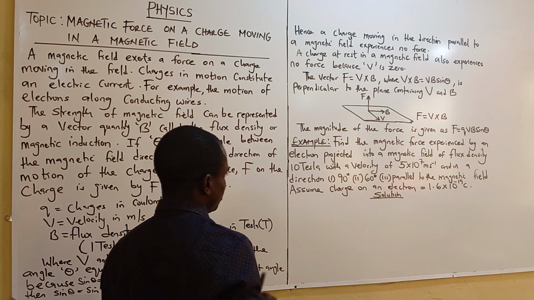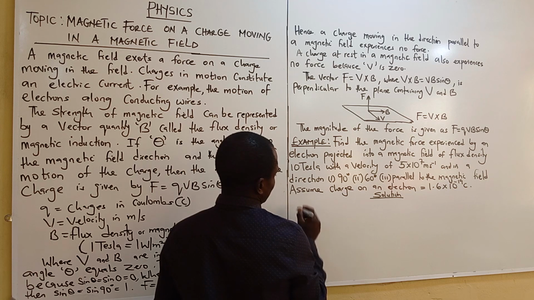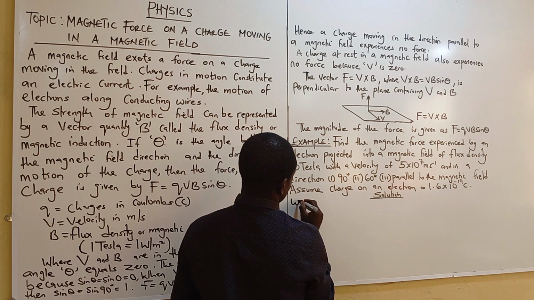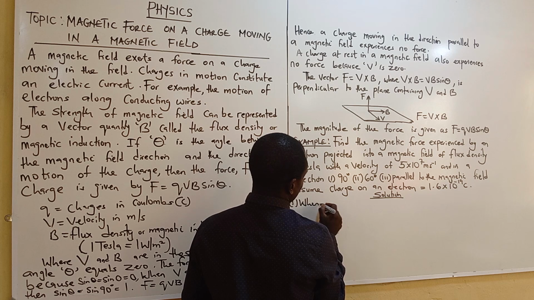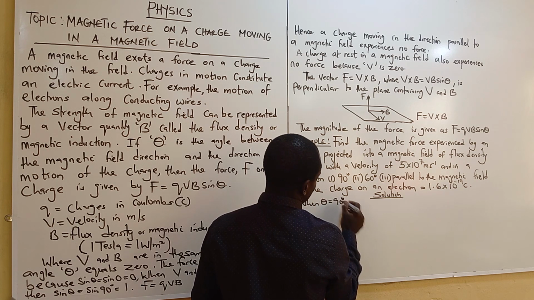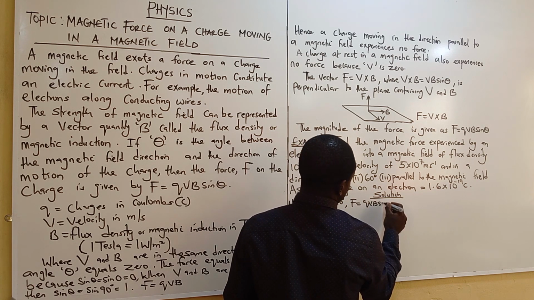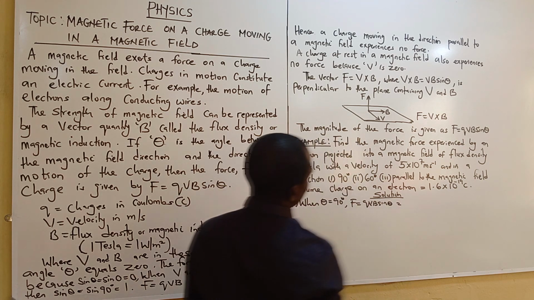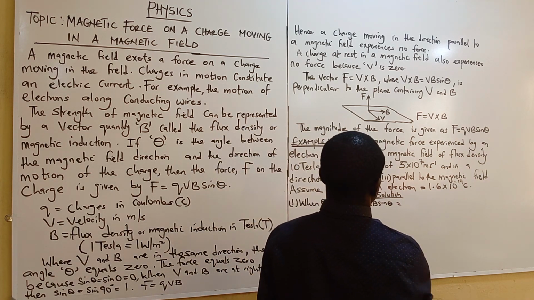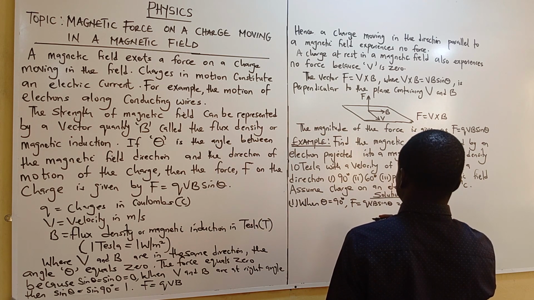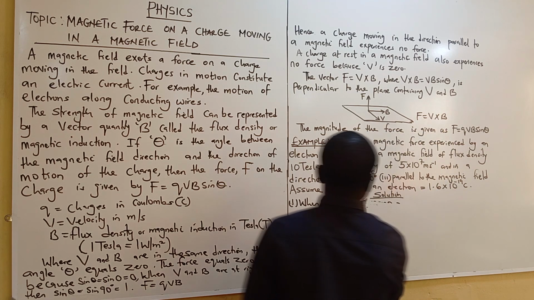Now let's solve the problem under this. The first one, when angle theta equals 90 degrees, F equals QVB sine theta. Let's write the parameters.